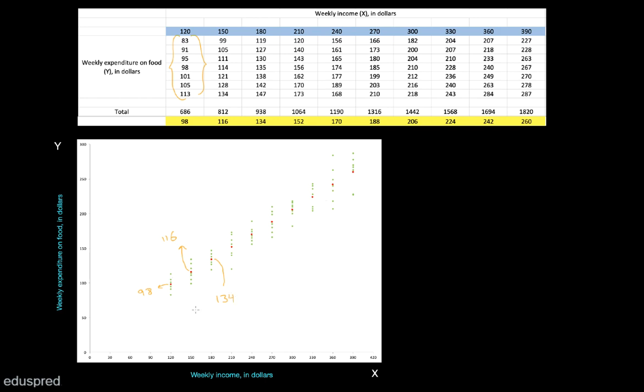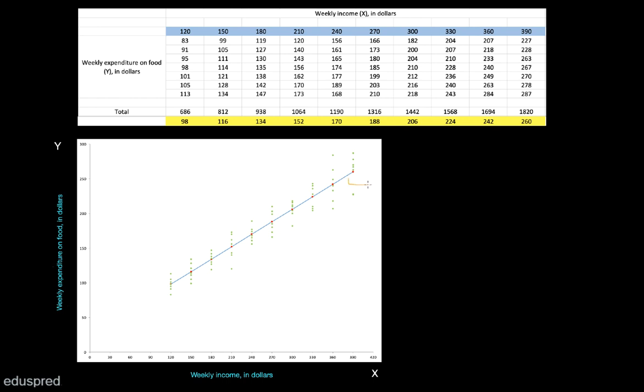Now if you focus on these red dots and ignore the green dots, you will see that on an average there is a positive relationship between weekly income and weekly expenditure on food. To make this clear, I can also join these red points so that you could see clearly that there is indeed a positive relationship between these two variables.